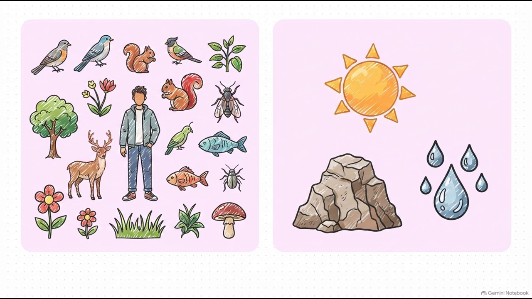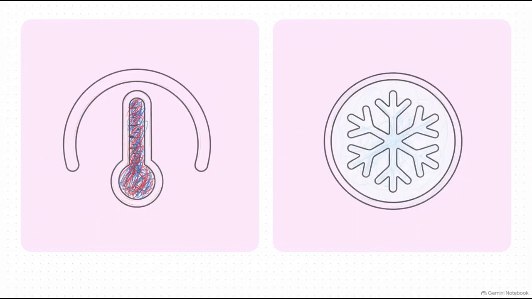The interplay between the living actors and their non-living stage dictates absolutely everything about how an ecosystem functions. I mean, it's exactly why you can't grow a tropical palm tree in the freezing Arctic. Now, how does life actually respond to those abiotic factors, specifically things like temperature? Well, nature's come up with two very different survival strategies here. First, you've got your eurythermal organisms. These are the generalists.